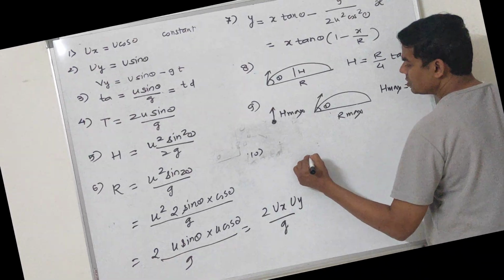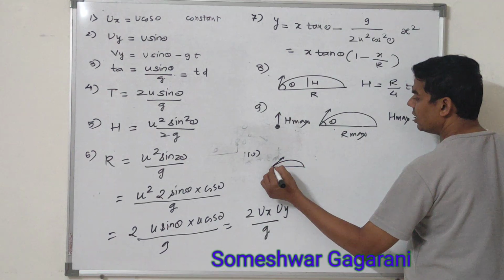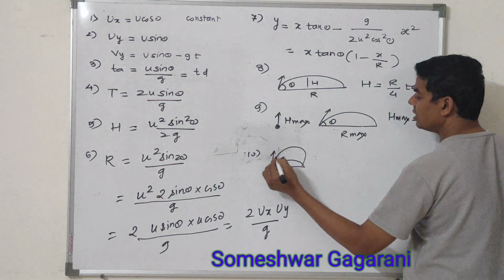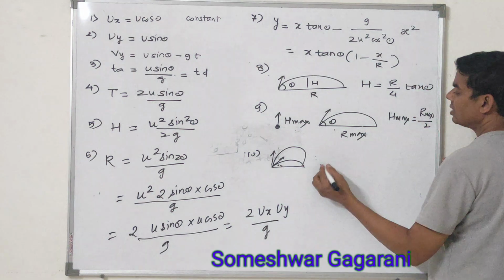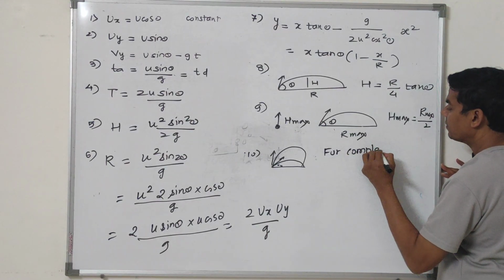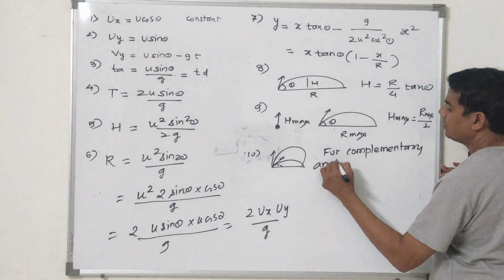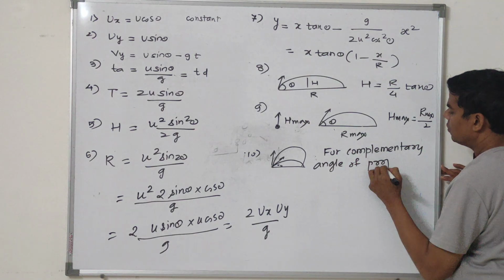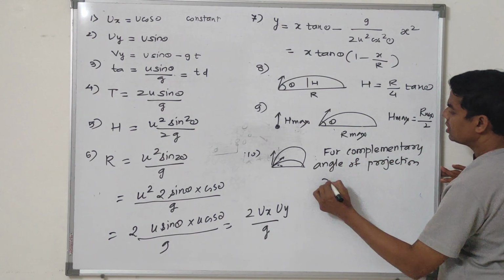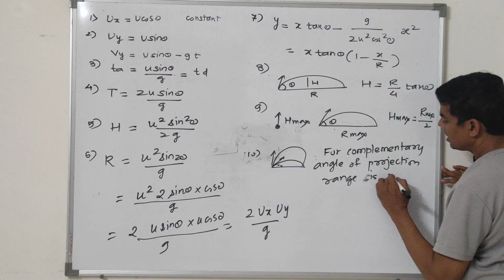Suppose that one is a 30-degree angle and another is a 60-degree angle, then we will have the same range. That is, for complementary angles of projection, range is the same.